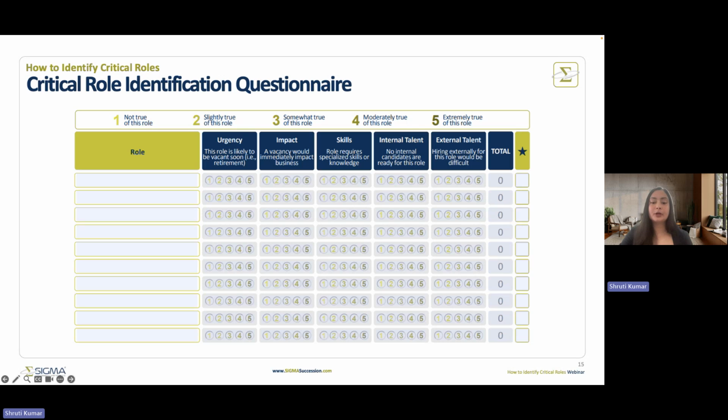You can use this number to decide on the roles that are critical. This will involve speaking within your succession management team to establish a minimum threshold score, and I'll talk a little bit more about this later on. Now, in the final column, you would then indicate the critical role by adding a little star. So let's discuss each of these criteria.